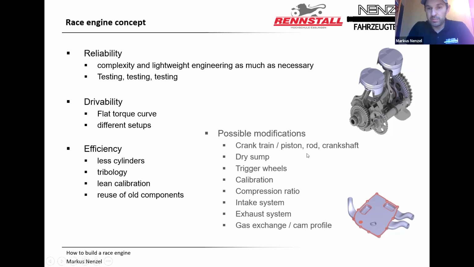Then you see the picture on the right, an oil pan. You can use a dry sump system for different advantages, for example to put the engine lower in the car. And you need trigger wheels to adapt the ECU calibration, and special things like an intake or exhaust system because of the package and the restrictions and so on.